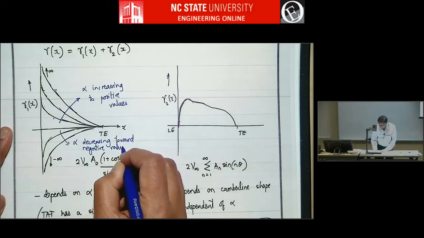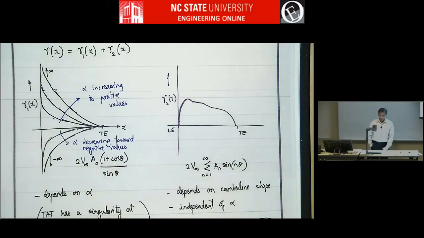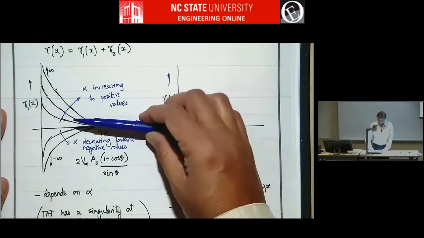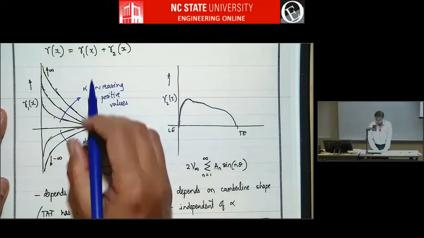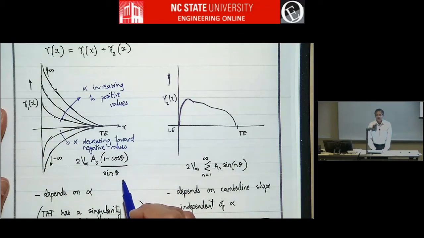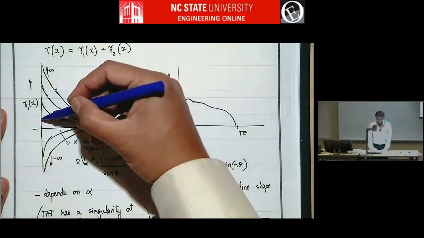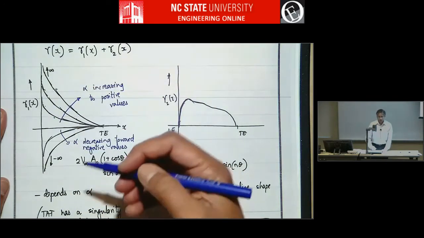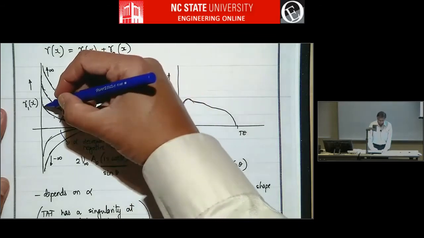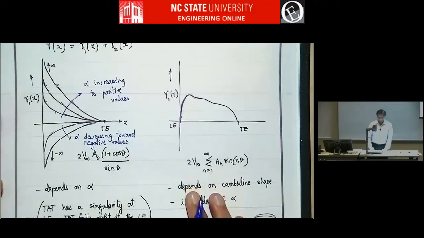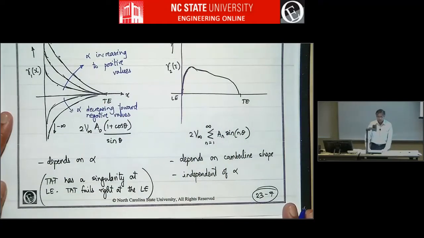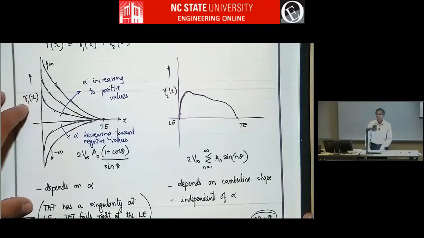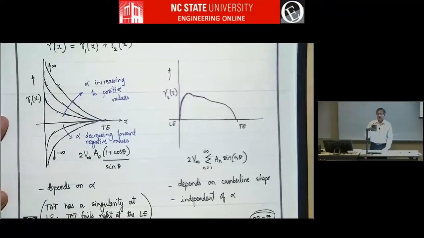As you go to more and more positive values, this term, gamma 1, which is essentially this expression, will have a singularity at the leading edge, and it will in general increase like this, and all of these will go to infinity. And if you go to negative angles of attack, it will go like this. So this gamma 1 depends on angle of attack.